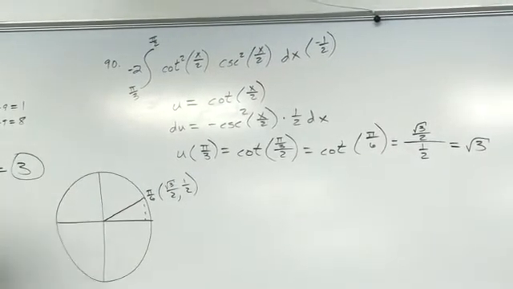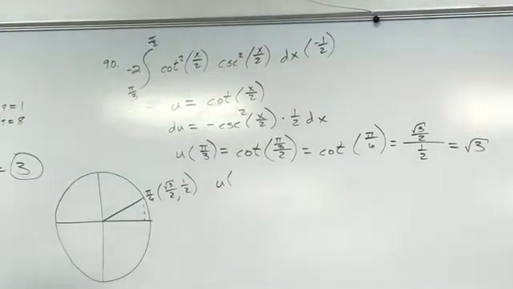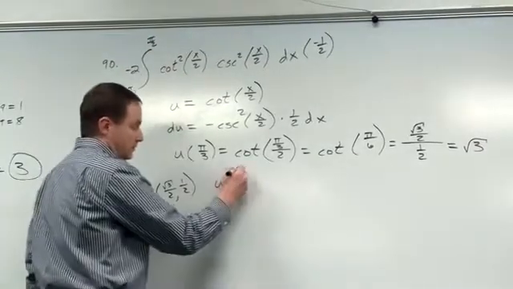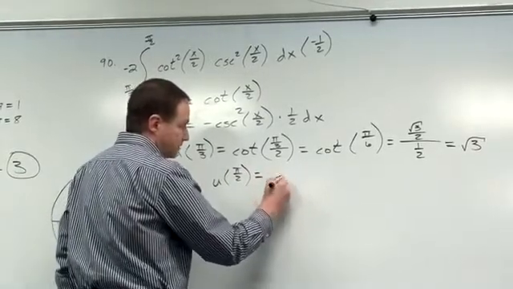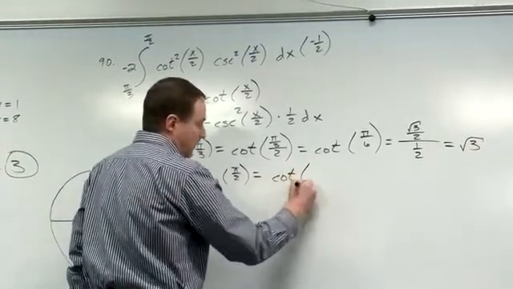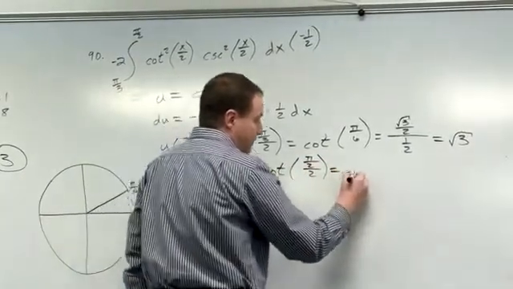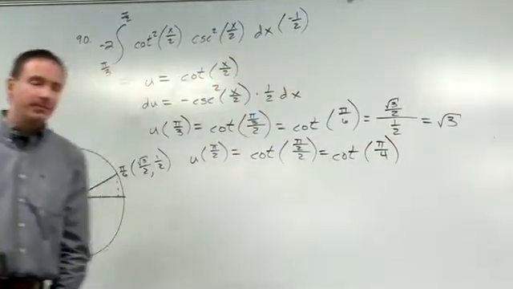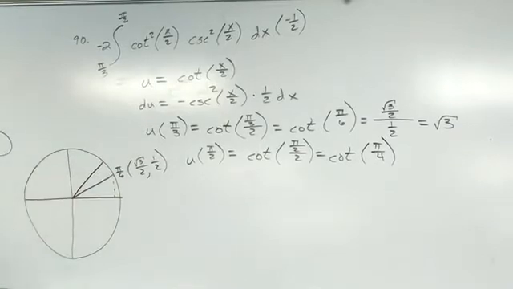Nice. So now we'd say, evaluated at x equals pi over 2, u is just the cotangent of pi over 2 divided by 2, cotangent of pi over 4. We should know that pi over 4 is the point on the unit circle, and anything over 4, your sine and cosine are always the same absolute value.